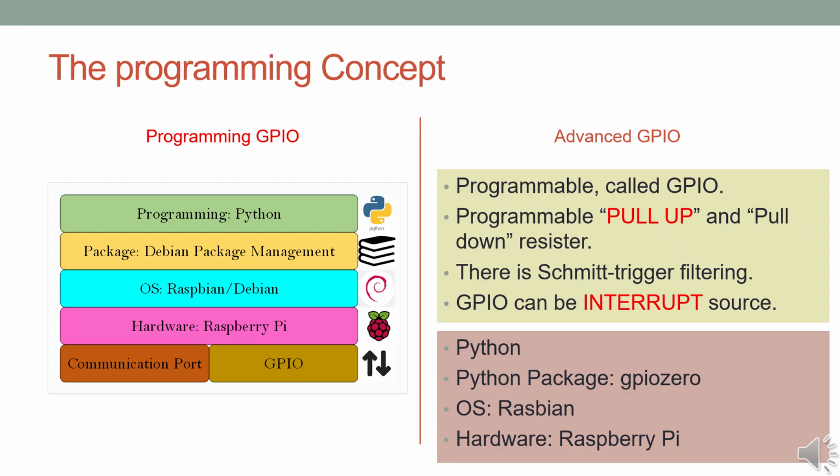For example, instead of writing several lines to configure a pin as an input, enable a pull-up resistor, and set up an interrupt, gpiozero allows you to simply declare: from gpiozero import Button, button = Button(4). Behind the scenes, gpiozero configures the pin as an input, enables the internal pull-up resistor, and sets up interrupt detection for state changes from pin to button.